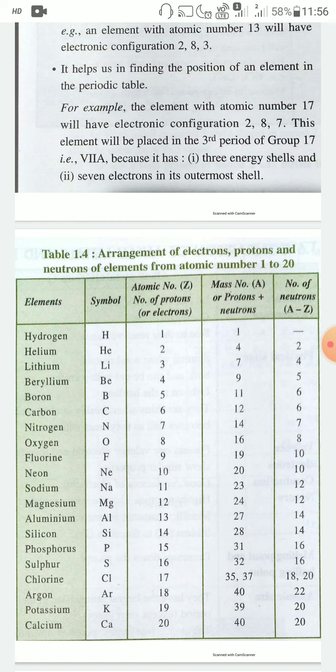The number of valence electrons is 7, so its group number is 7A, or 10 plus 7, that is 17. This is because it has 3 energy shells and 7 electrons in the outermost shell, and the number of electrons in the outermost shell represents the group number.